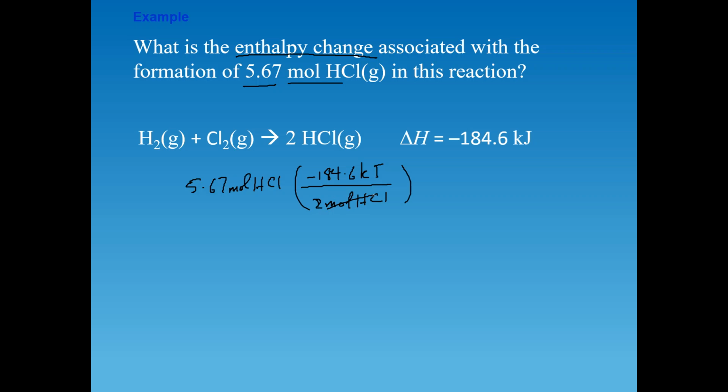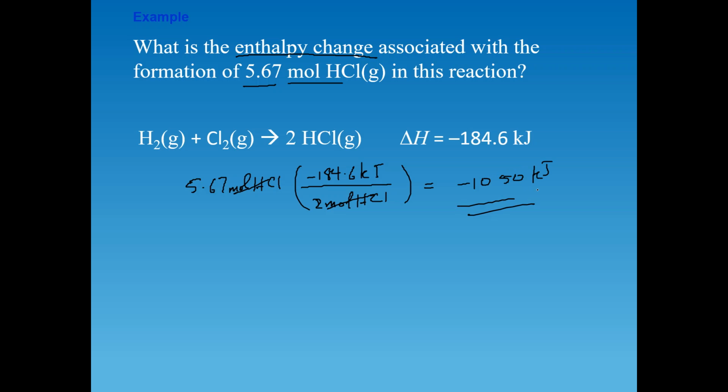So that this unit and this unit will cancel out, and do our number crunching. And according to my calculation, I got, when rounded off to 3 sig figs, minus 1050 kilojoules as the answer.